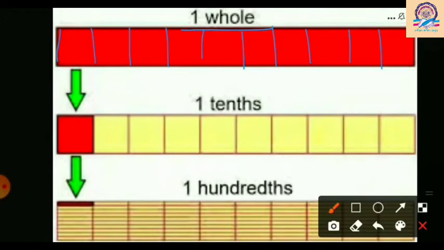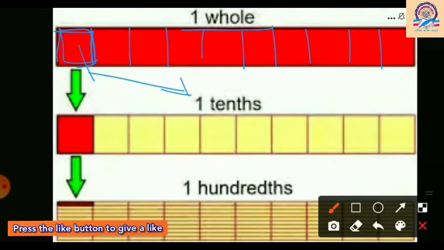Now let me clear this. This one part is known as the 1/10th part. Here it is written: each part is known as its 1/10th part, and at the bottom you can see 1/10th.